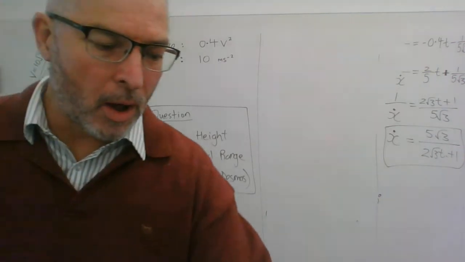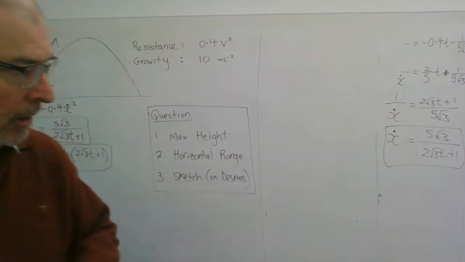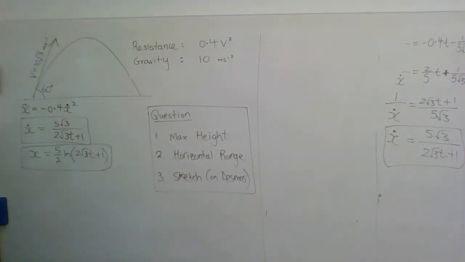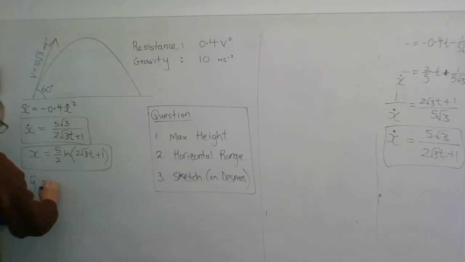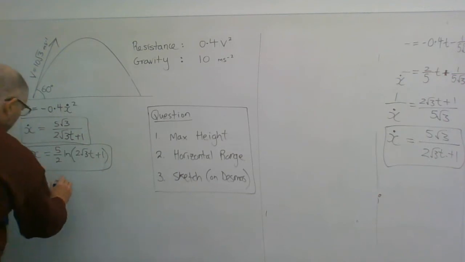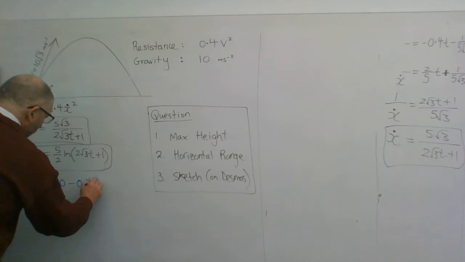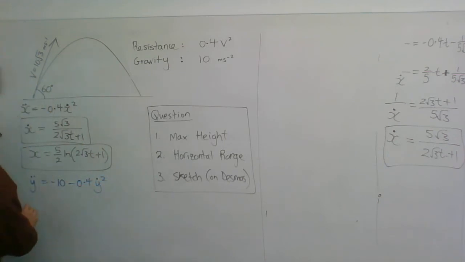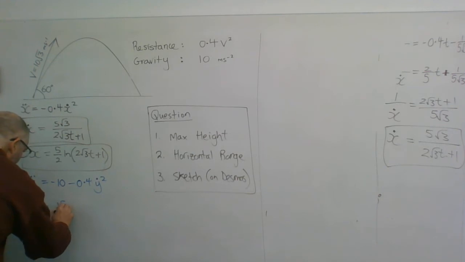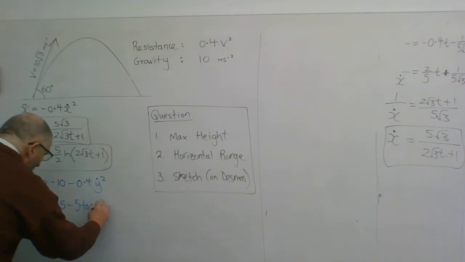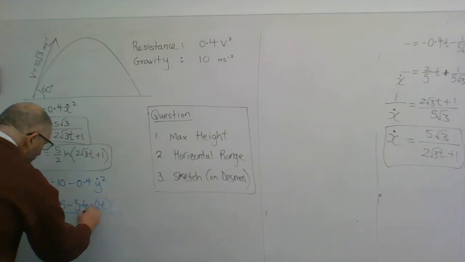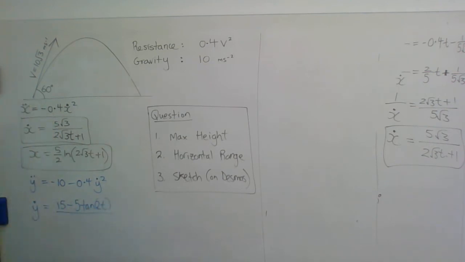And then for the y equations, we had y double dot equals minus g minus 0.4 y dot squared. Then y dot turns out to be (15 minus 5 tan 2t) on (3 tan 2t plus 1).